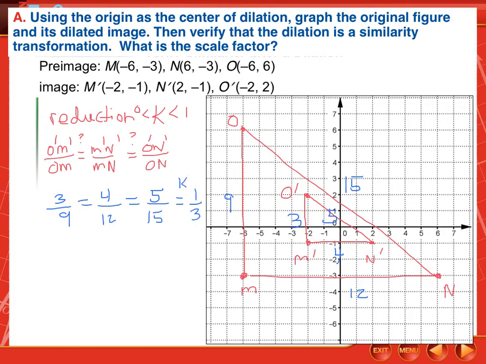So K equals 1/3. And that is our reduction. Now, in this case, the center of dilation is again the origin here. And we could take a look at all of those rays and side lengths, and we could verify that as well.